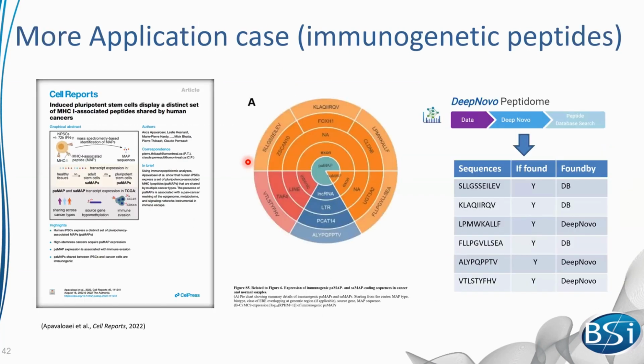And then before we go to the demo show, I want to show some research highlights from our PICS users. The first one is research from Canada, from the University of Montreal. They used iPSC samples and reported 6 immunogenic peptides. Half of the peptides they found were found by the personalized FASTA file.